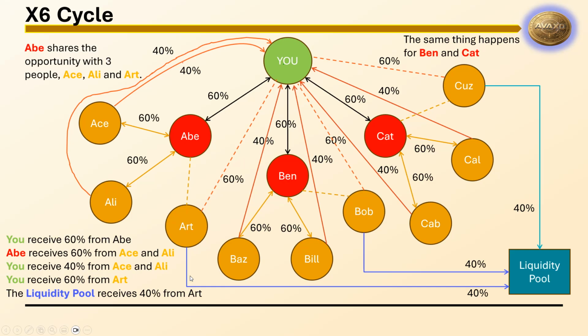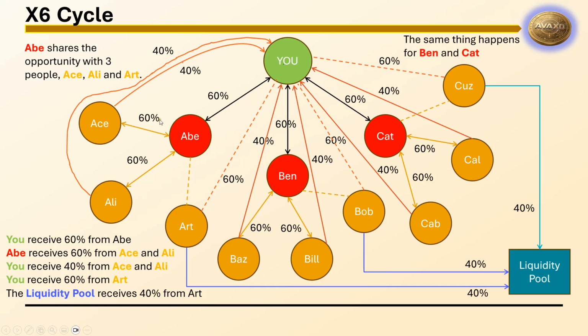As soon as the third person of the third person pays their money, then Abe's matrix cycles. Abe then receives some money from the liquidity pool. 60% comes to you, 40% goes to either your sponsor or to the liquidity pool, depending on whether he's your first, second, or third to cycle. Okay, it might sound complicated, but think about it, it all makes sense.